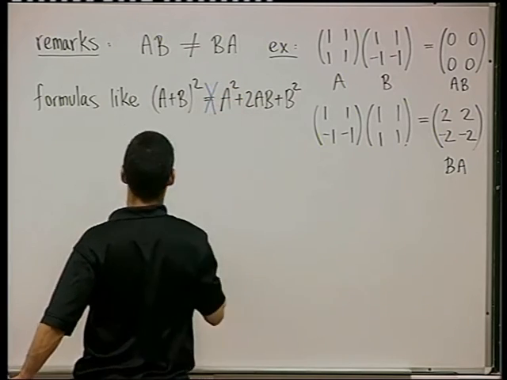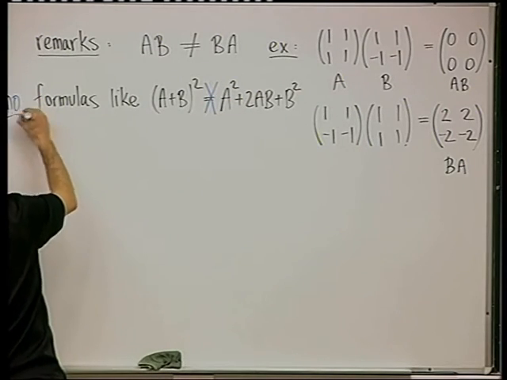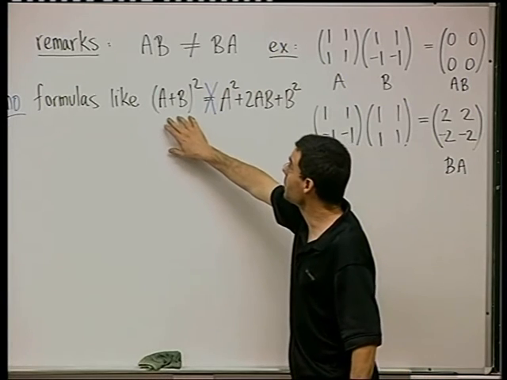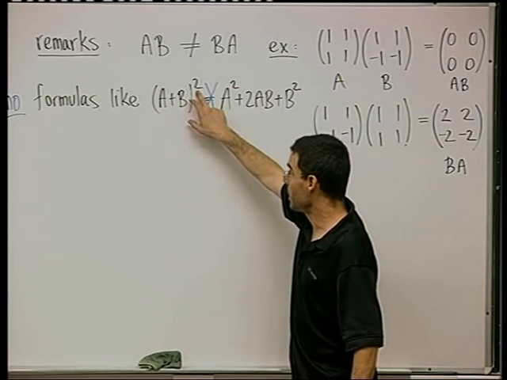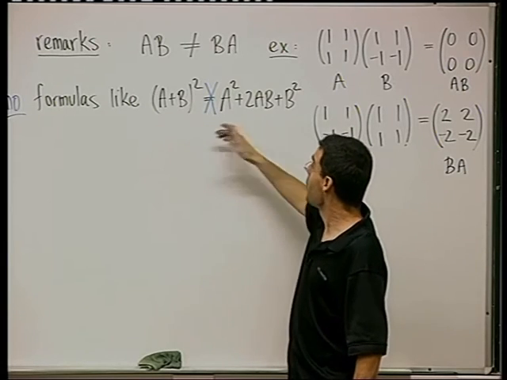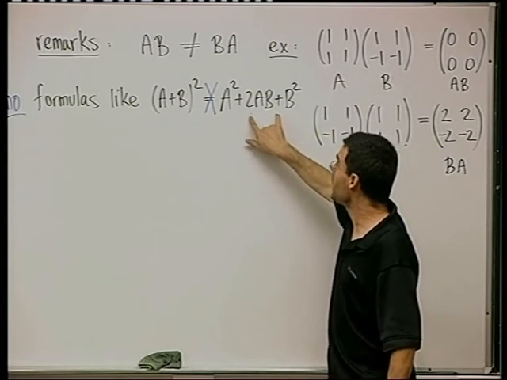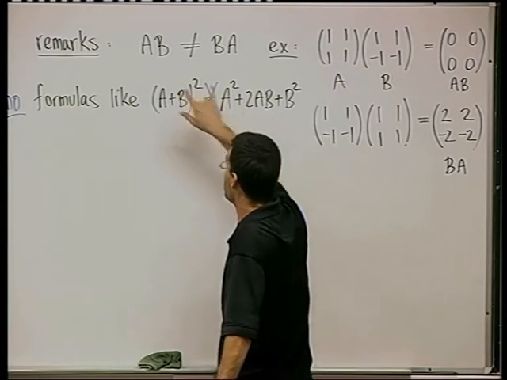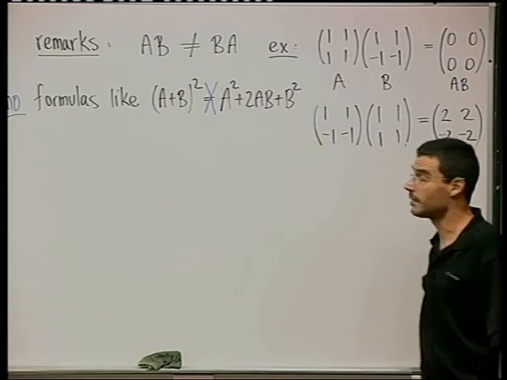This is not necessarily equal. So I'll add: no formulas like this. Why? Because A plus B squared is A squared plus AB plus BA plus B squared. When it was numbers, we just coupled AB and BA as 2AB, but that's no longer the case because AB and BA could be different things.